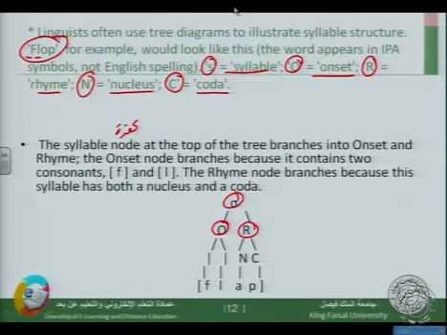It has F and L. So it has to branch into two, F and L. The rhyme node branches because this syllable has both a nucleus and a coda. What is the nucleus? We said it is normally a vowel. Okay? And the coda is normally a consonant.